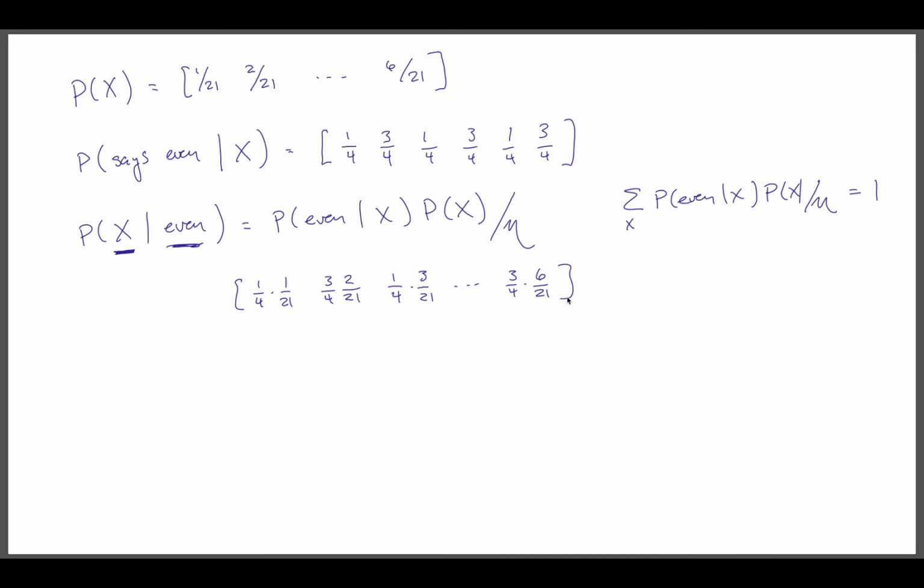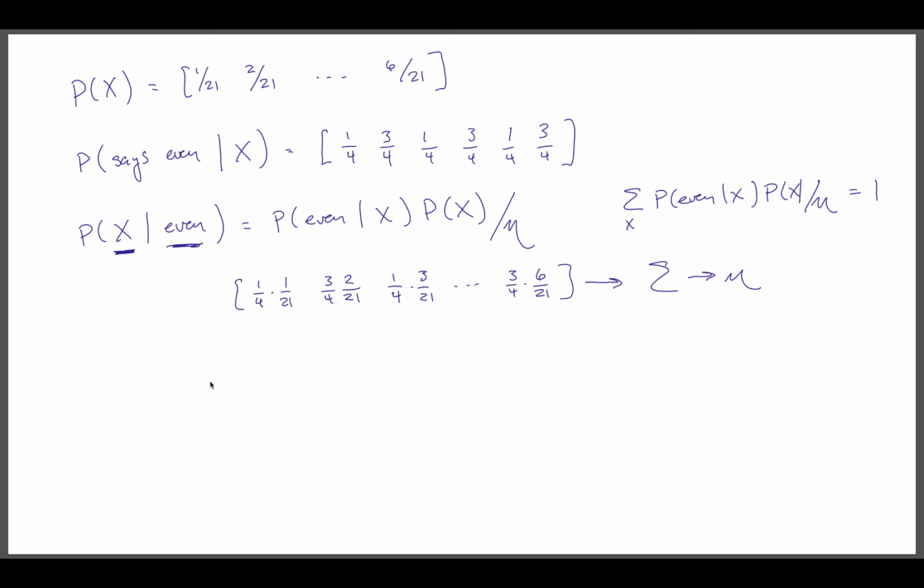It's pretty easy to do that using a calculator or any programming language. Then you take that vector and you sum it, and that gives you eta.